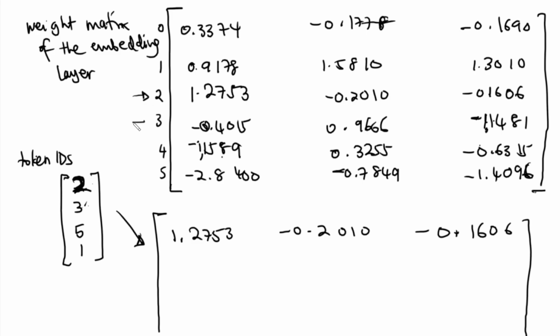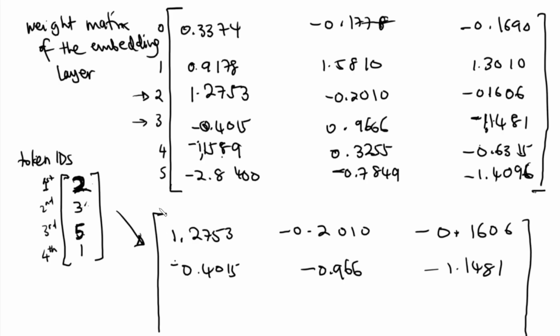The third is this one here. So it'll be minus 0.4015, minus 0.966, minus 1.1481. And then for the third position in our token IDs, because this is the first position, second position, third position, and then this is the fourth position.